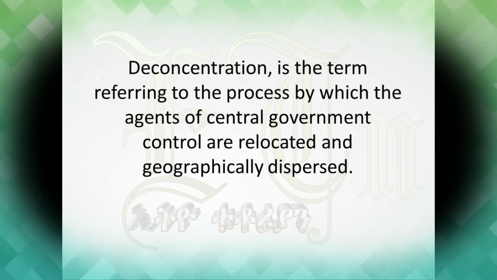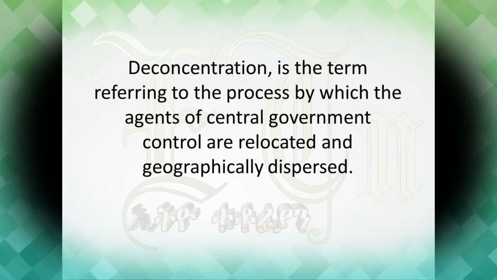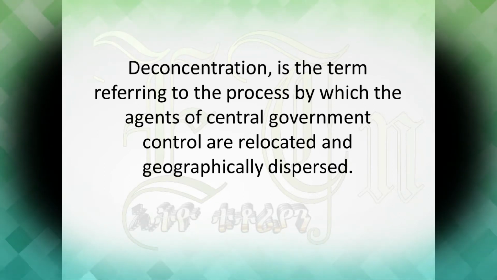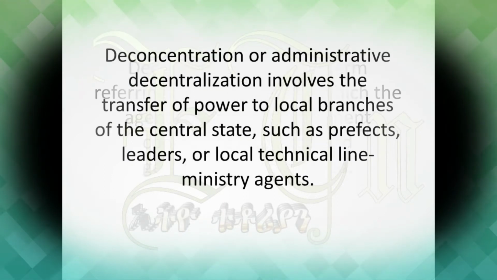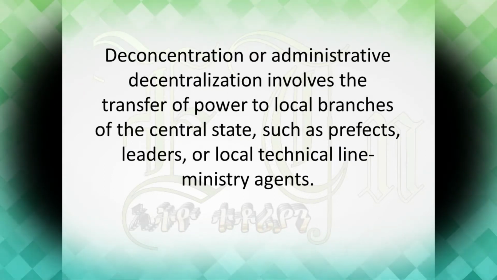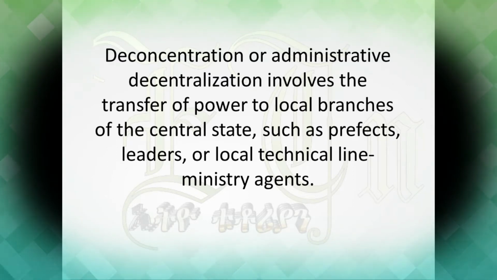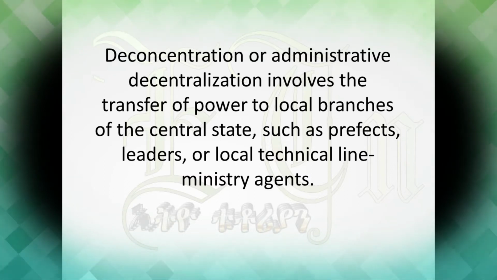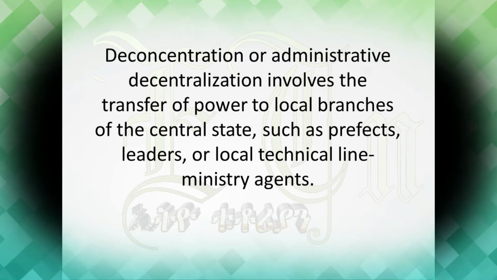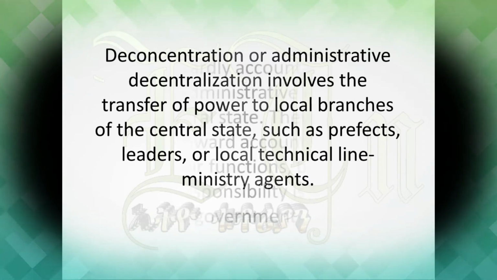Deconcentration is the term referring to the process by which the agents of central government control are relocated and geographically dispersed. Deconcentration or administrative decentralization involves the transfer of power to local branches of the central state, such as prefects, leaders, or local technical line ministry agents.